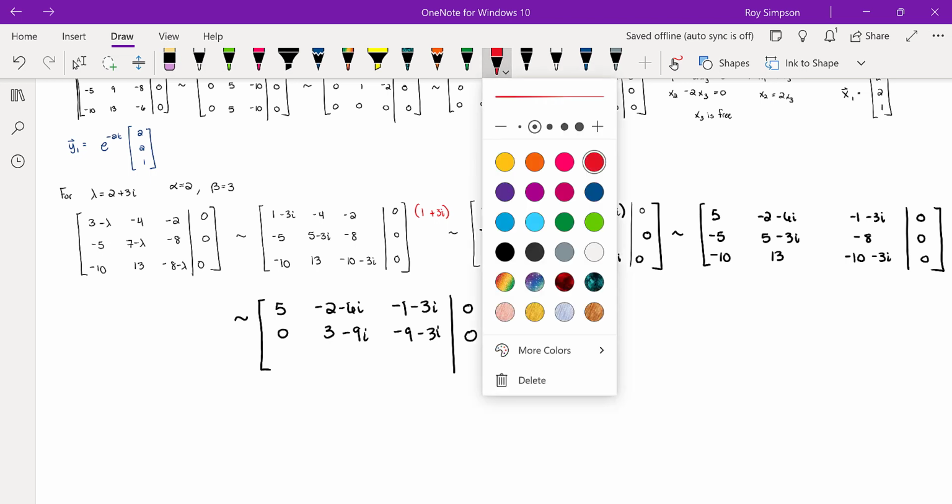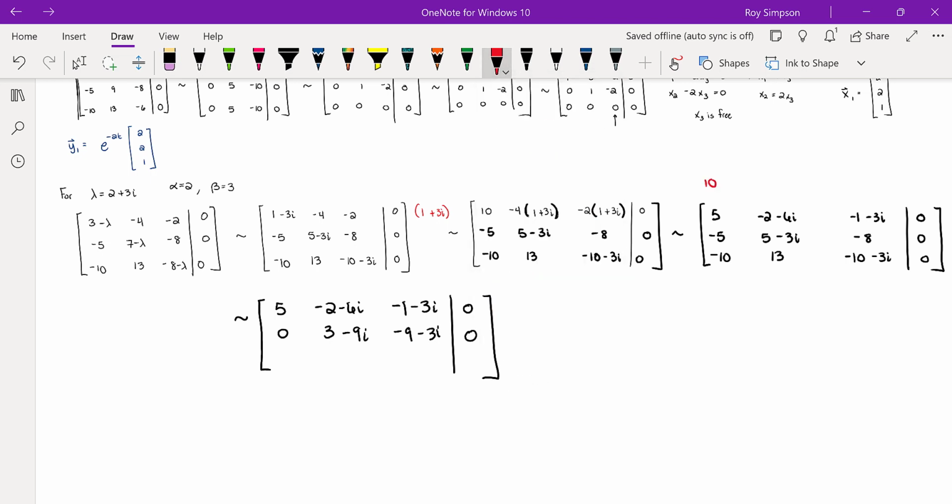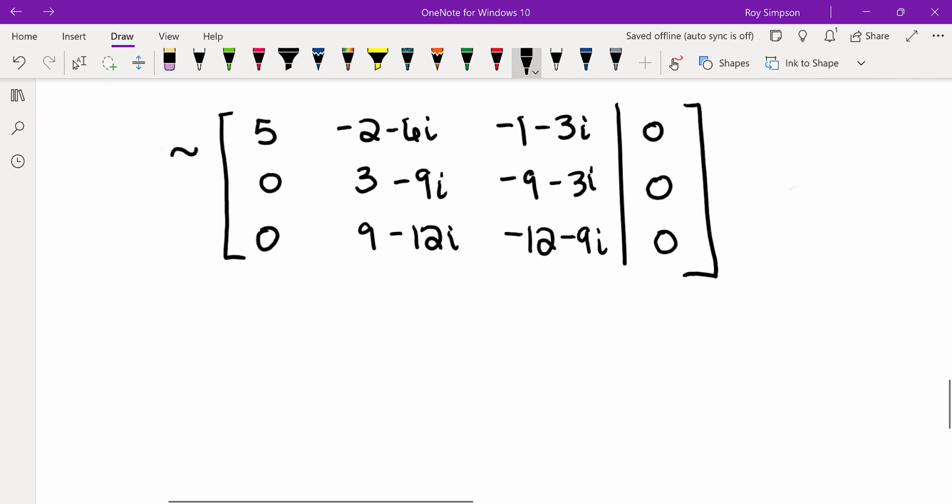When I multiply that row by 2, I'll get a 10, a -4 minus 12i, and a -2 minus 6i. And I'm going to add that down to the third row. Now, be very aware those second and third rows are both divisible by 3, so I'm just going to quickly do that.